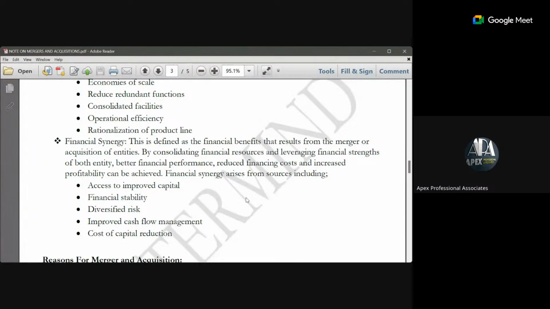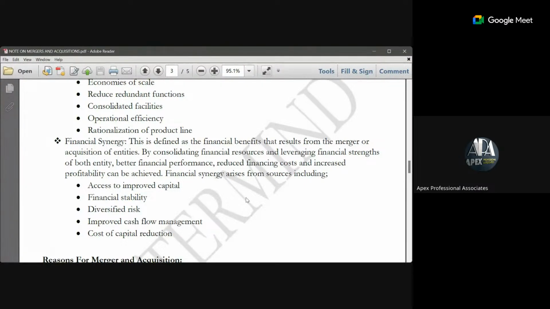However, what A can do on its own, when A and B come together, there is financial stability. That is, they now have access to more. They are now more liquid compared to what they would have been if they were standing separately. So that is financial stability.